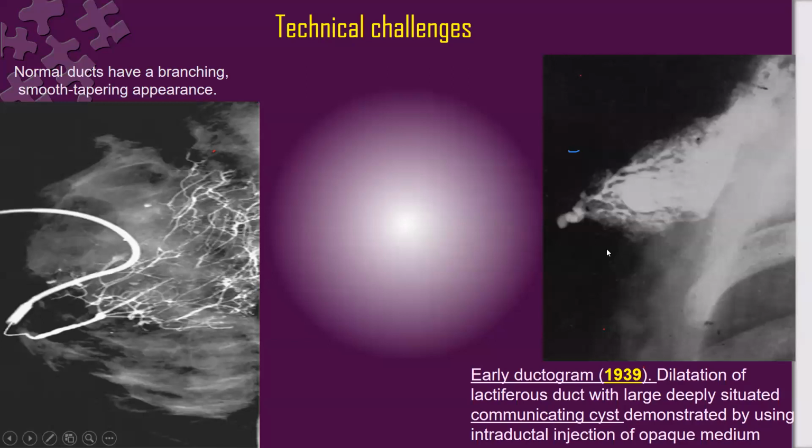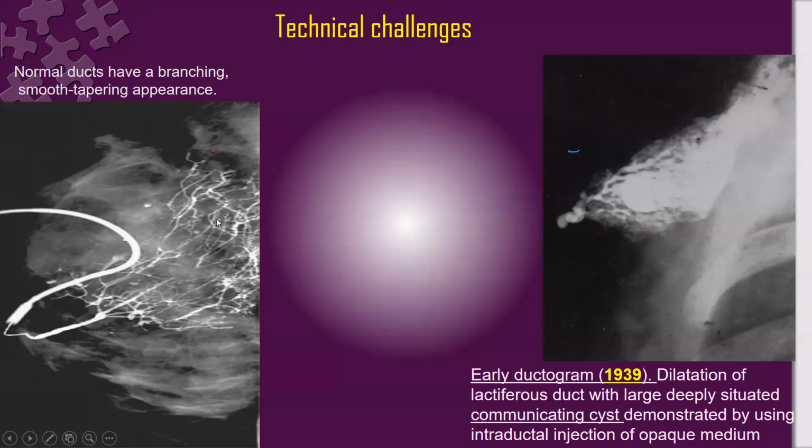Here we can see two images of ductograms, one definitely older because of the low contrast image, since 1939 when mammography was introduced, but with direct film exposures. And here we can see the contrast delineating the ductal system, which demonstrates some dilatations and a communicating cyst at the center of the breast.